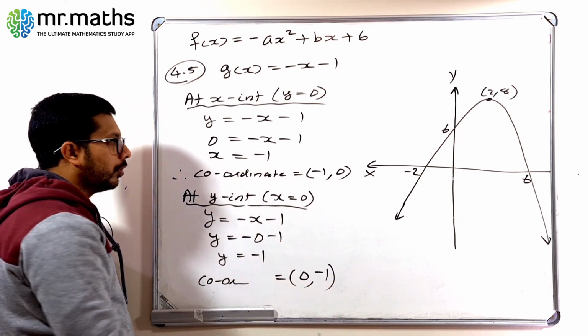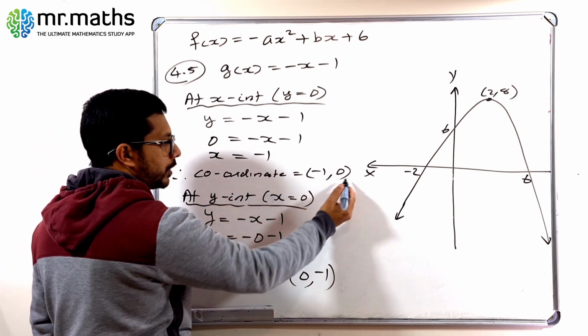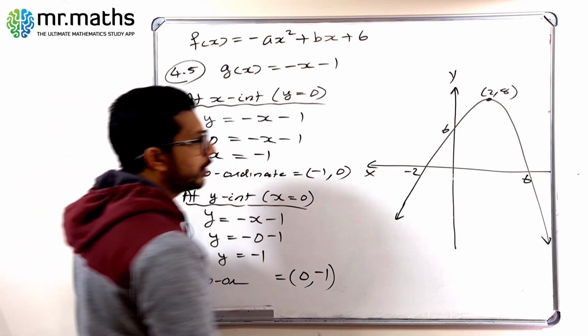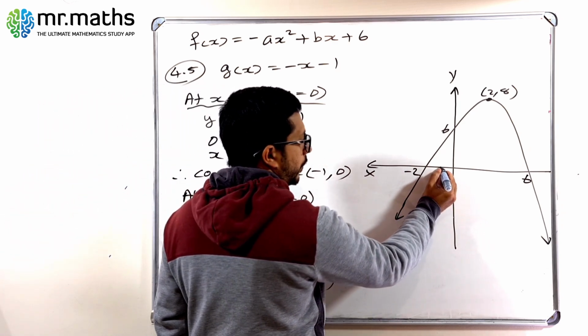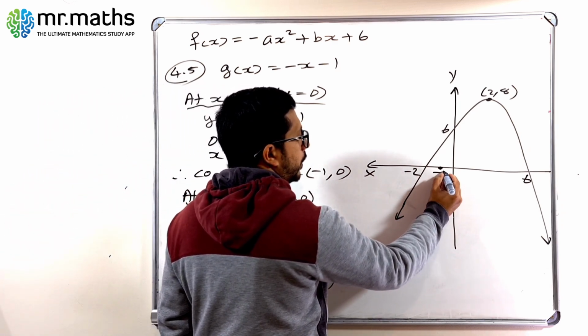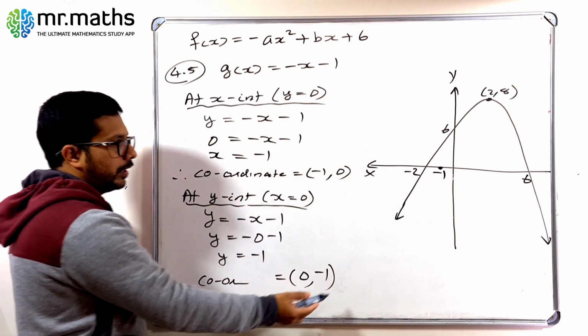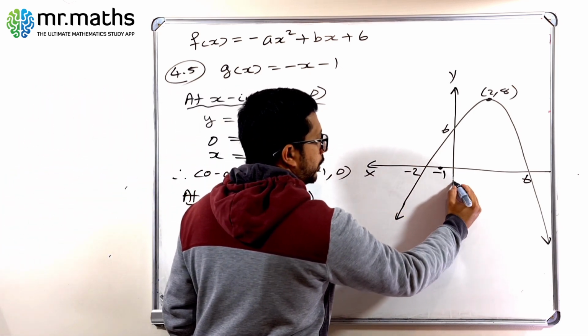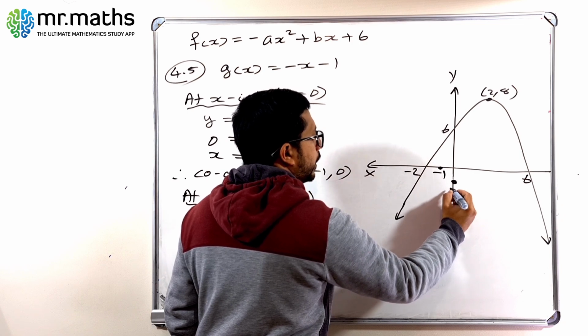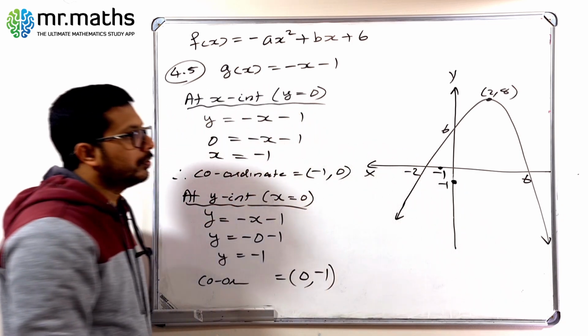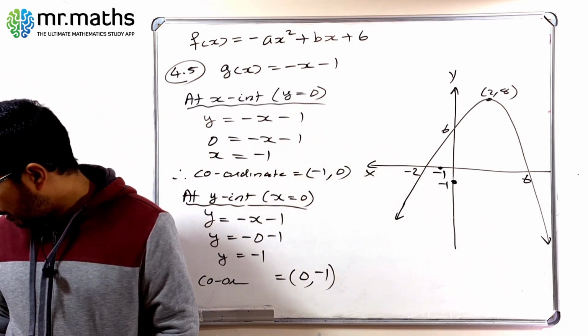So now we got both the coordinates, minus 1 comma 0 and 0 comma minus 1. Where is x equal to minus 1? Somewhere here. And x 0, y minus 1 means somewhere here. So there is a graph passing through those 2 points.